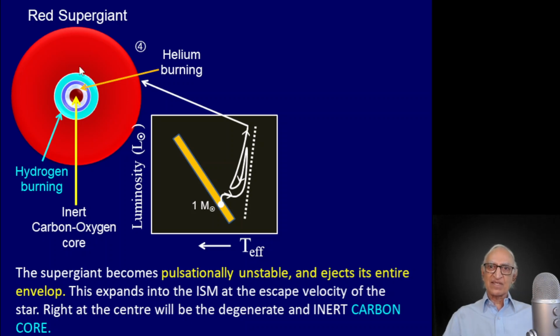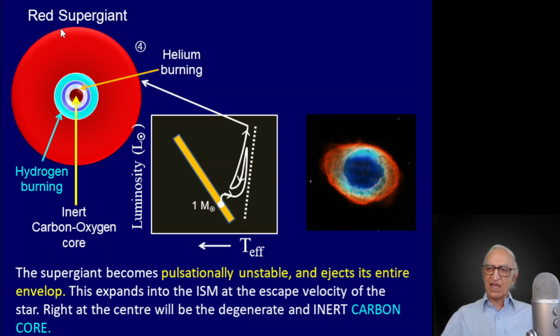Now this supergiant star at some stage will become pulsationally unstable. It will start vibrating in a periodic fashion. And the amplitude of the vibration will increase, and at some stage it will simply throw out the rest of the envelope. And that's what you see over there. The envelope is ejected just as a snake sheds its skin.